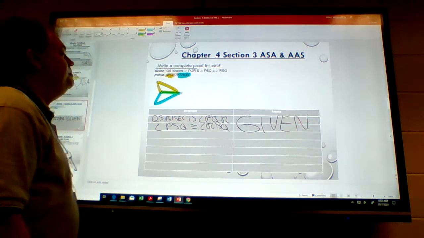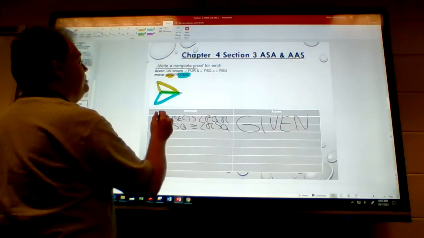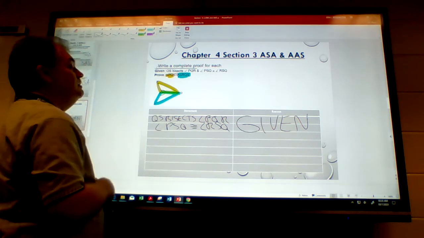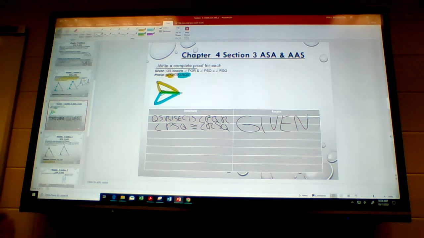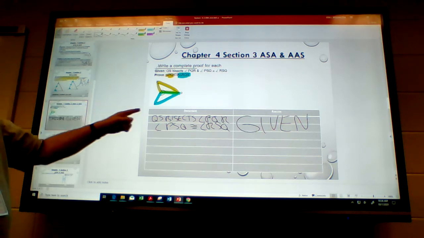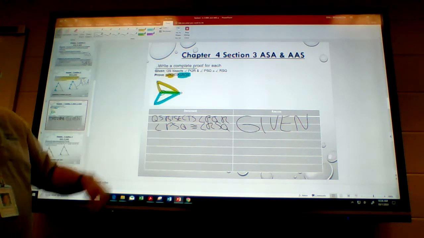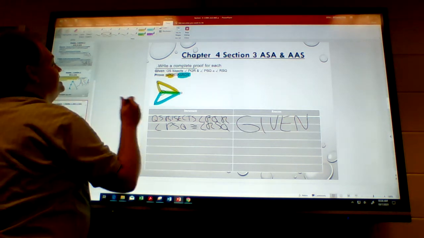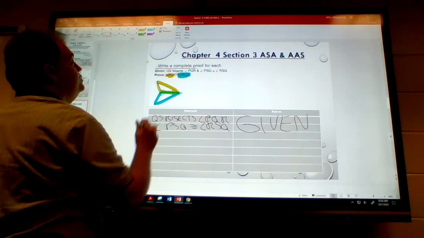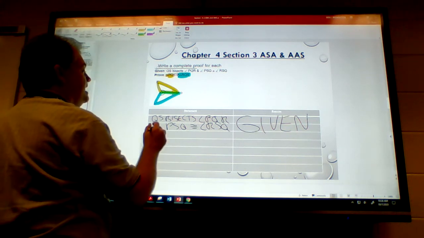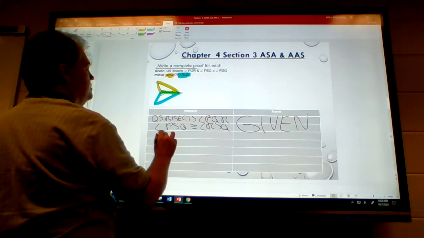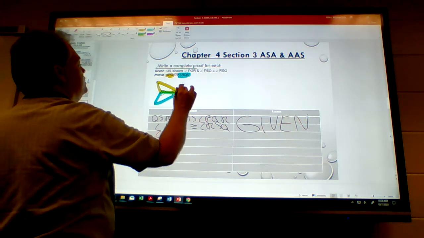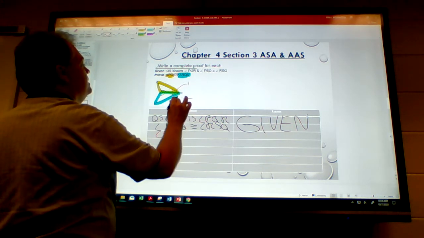Okay, now I'm going to mark that angle PSQ, which is this angle right there, is congruent to angle RSQ, which is right there. Now it says that QS bisects angle PQR. When we say bisect, it means it splits it into 2 congruent angles. So I'm going to label this one angle 1 and label that angle 2.